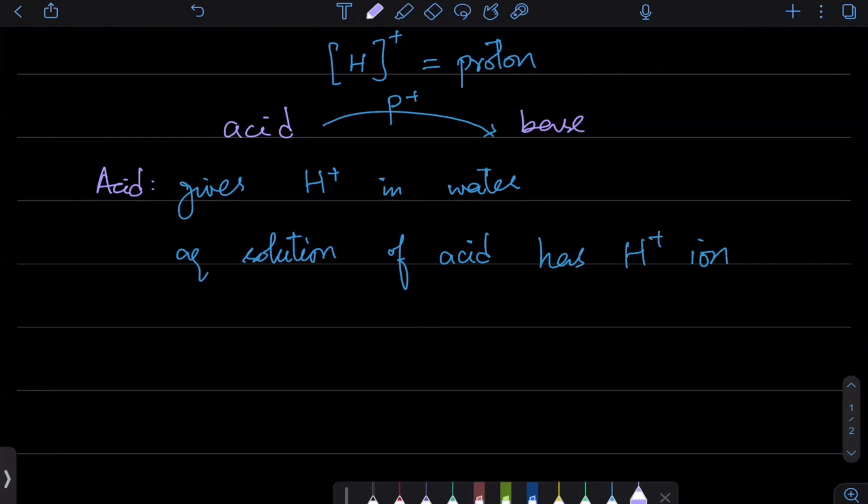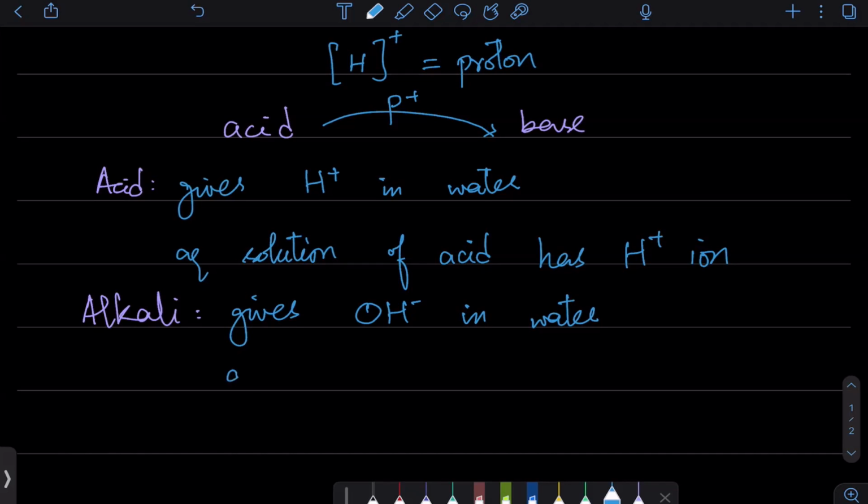Similarly, there's another thing called alkali. Alkali gives OH minus in water. Or you can say that the aqueous solution of alkali has OH minus ion.